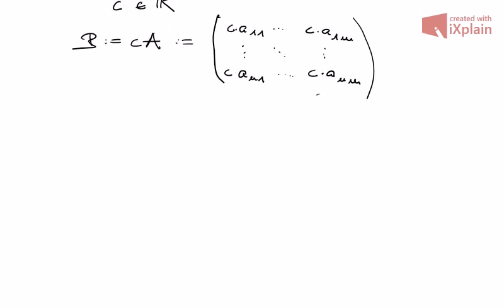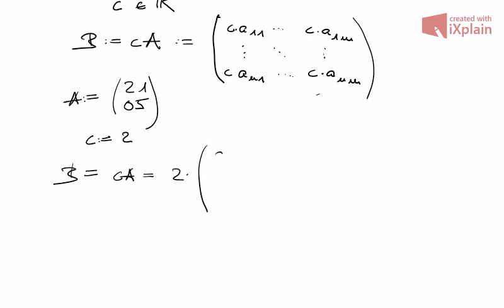So, as an example, if we have a matrix A being 2, 1, 0, 5, and C being 2, again we define A and C like that, then we can compute B as C times A, which we can write as 2 times 2, 1, 0, 5.